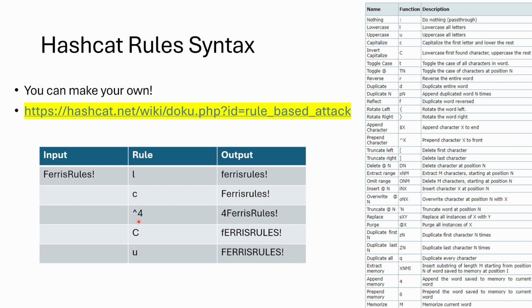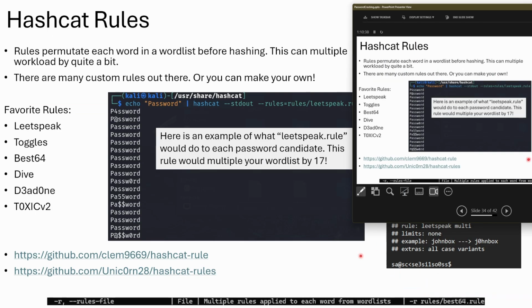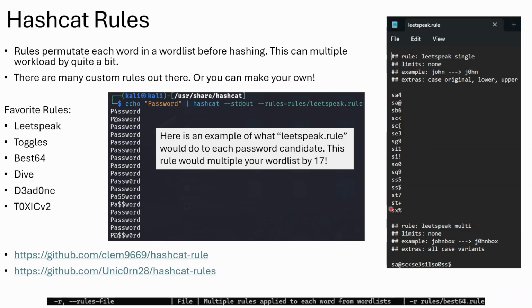That's what it does. This is prepend, so we put 4, and it prepends a 4. This is C, like a camel case, invert capitalization. Then u uppercases all letters. So those are rules, and if we go to a previous slide, that's what it would look like in the file, just like that.